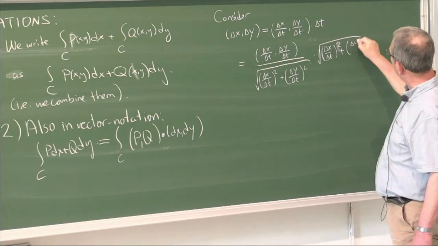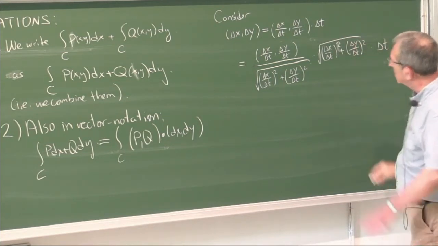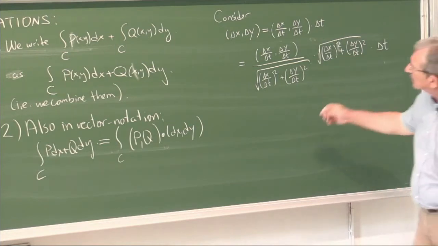So I did nothing so far. Well, of course, the idea is to pass to derivatives if delta t is small.